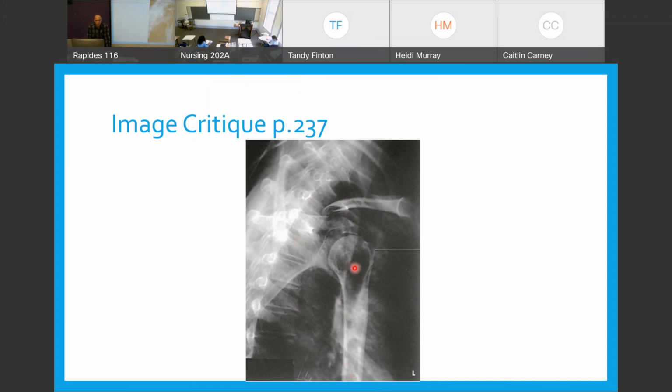Humeral head, we're right at the surgical neck. So what's it called? What's the projection? I just gave it to you. Transthoracic lateral method. The Lawrence, very good. And why would we be doing this?